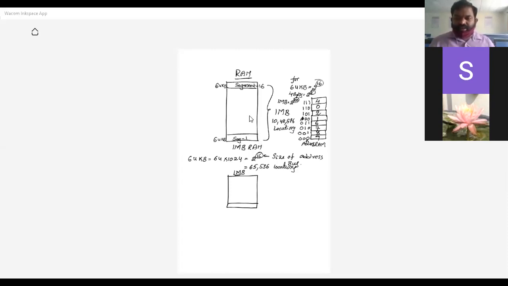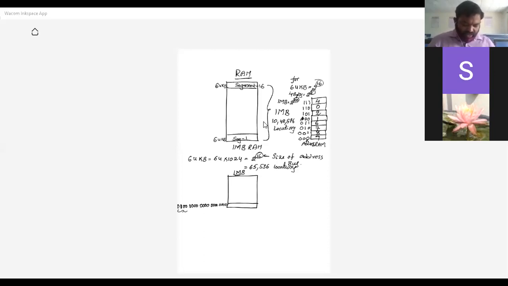For every one memory location, I should give one specific address. For example, the first memory location address will be like this: 0000, 0000, 0000, 0000.